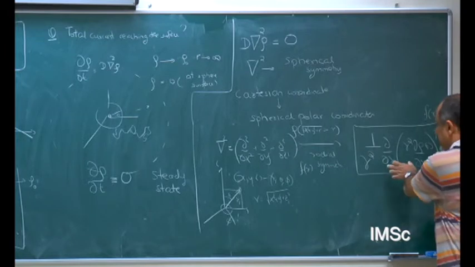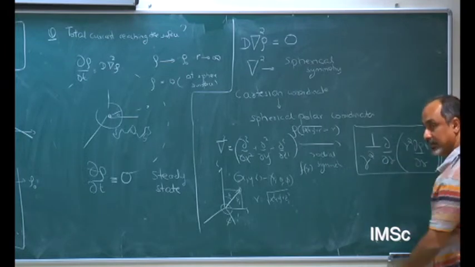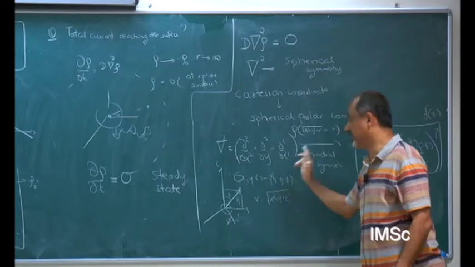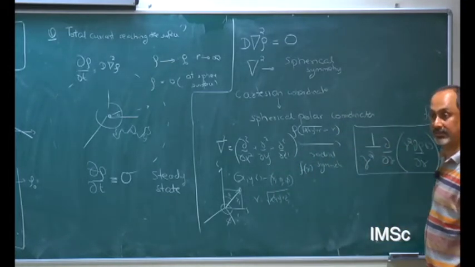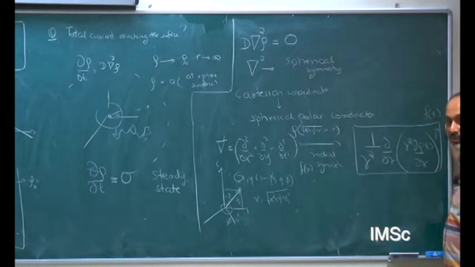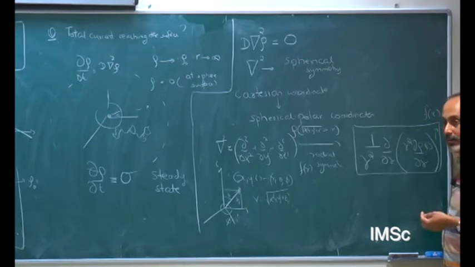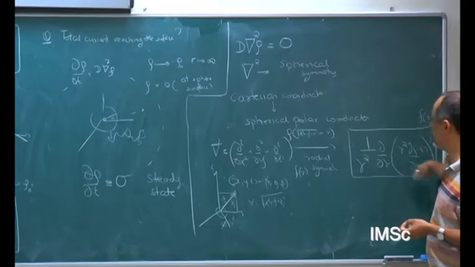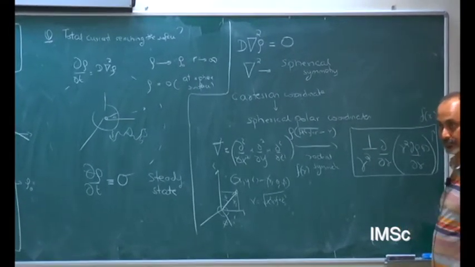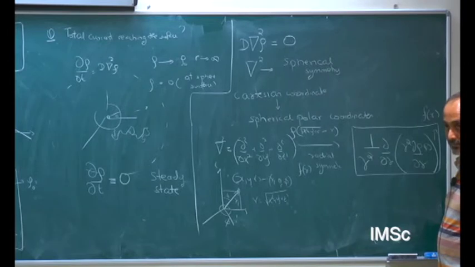It's much simpler because now there's only one thing that operates on f of r, whereas here there were three different things, the x, y and z dependencies, that I had to operate on, and things would look very messy. So I'm looking for answers that are simple, so I want to exploit all the symmetries in the problem, and the symmetry here is radial symmetry. No, but I'm asking, if I had to do this, then I would do ∂²/∂x² on the square root of x² plus y² plus z², and so on like that I would operate.